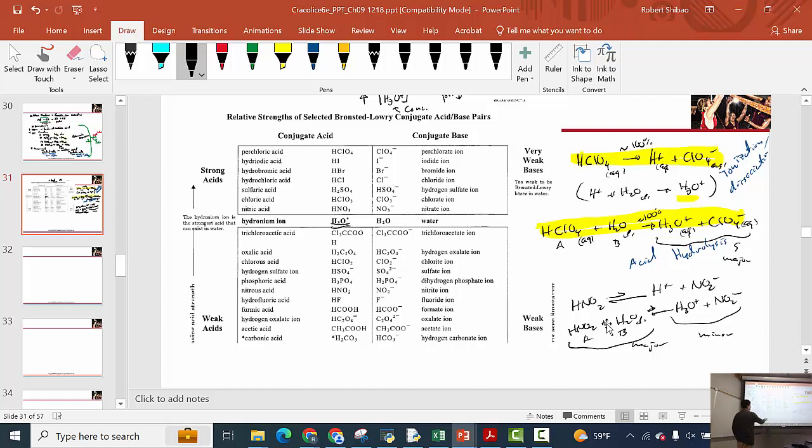So trichloroacetic acid is the strongest of the weak acids on this chart. And then we have this one, H2C2O4. What's the name of that?